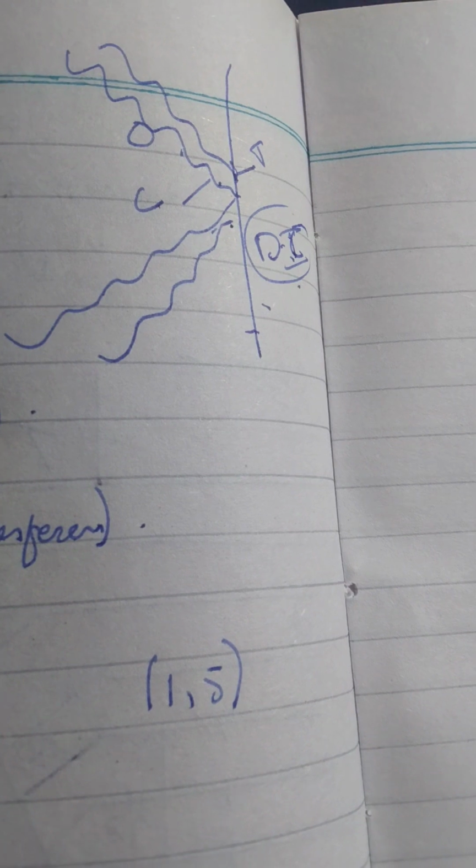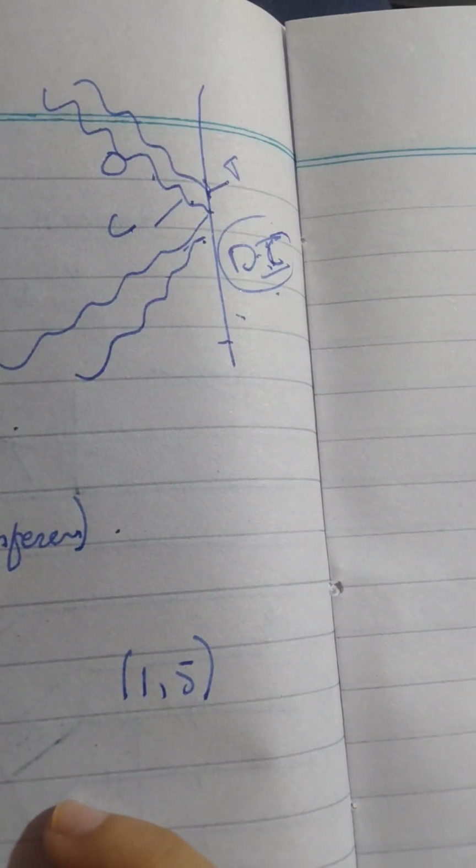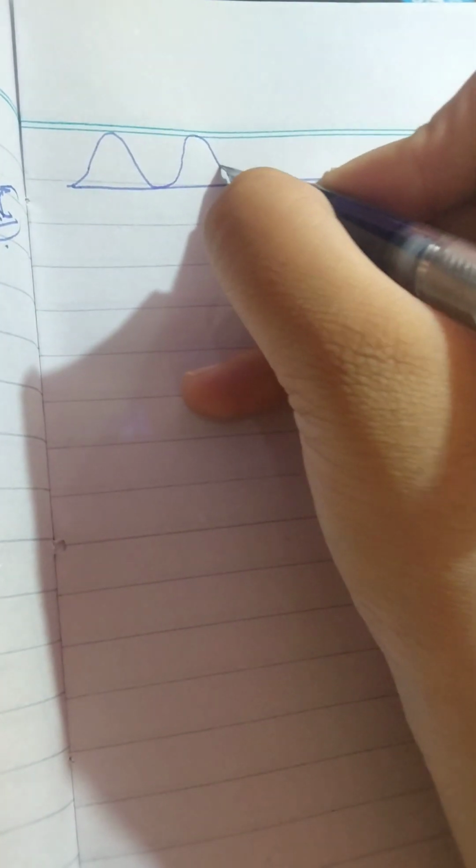Now what else was I talking about? Okay, there is a graph of this experiment too. It's something like this. Basically this high one shows the intensity, which shows us the maxima. This is basically the constructive interference.